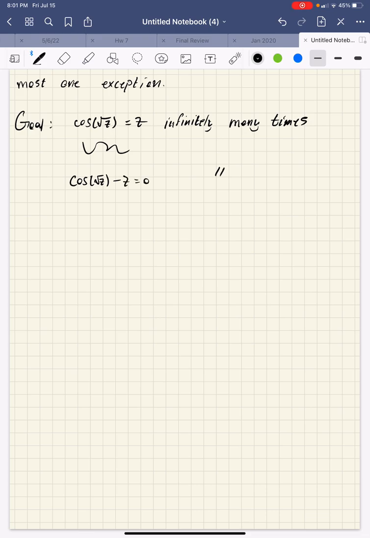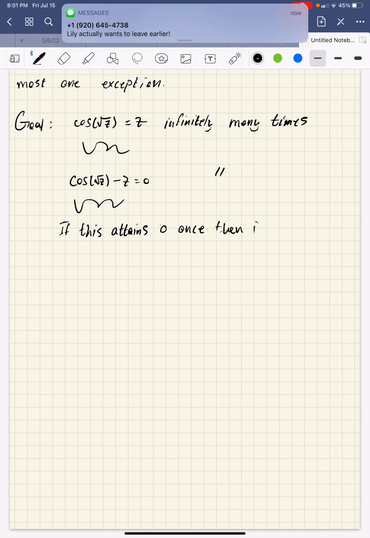So the big Picard theorem is telling us that if this function attains 0 once, if we can just find a single z value, then it's actually going to attain it an infinite number of times.